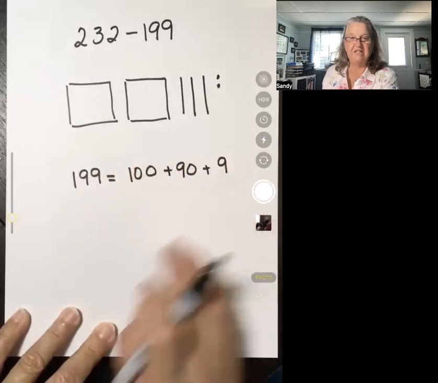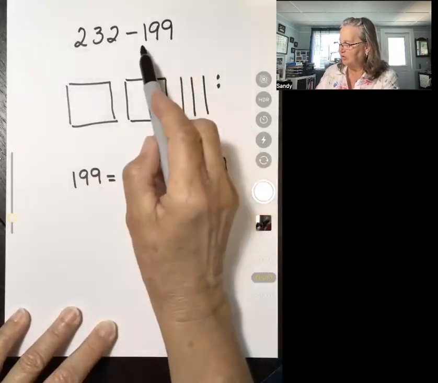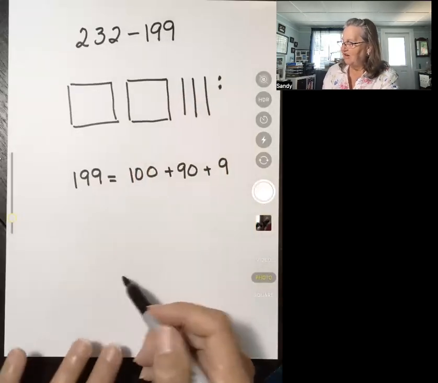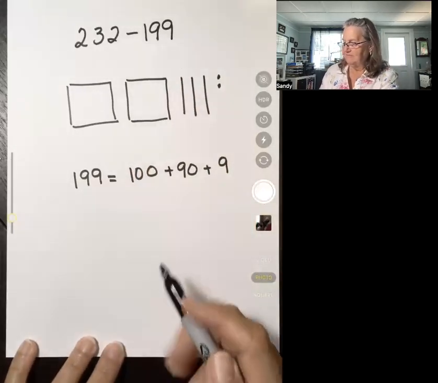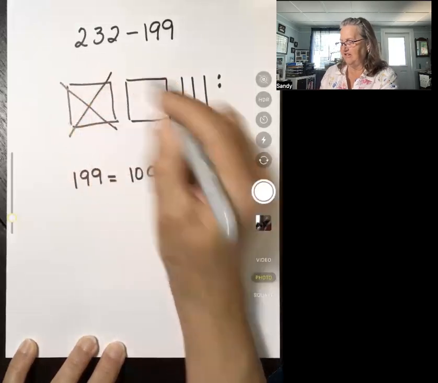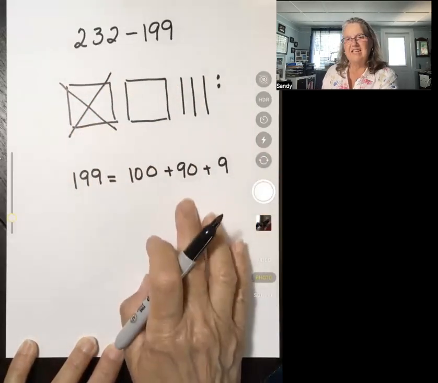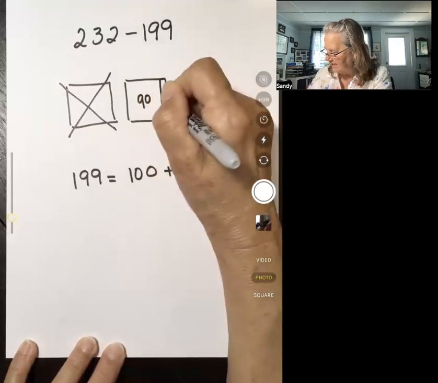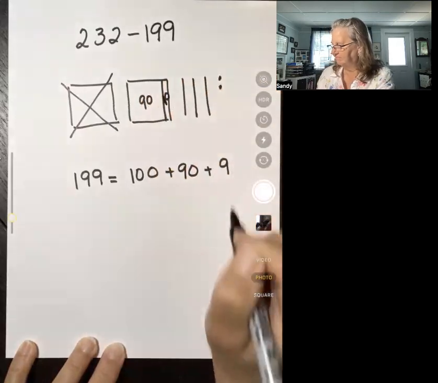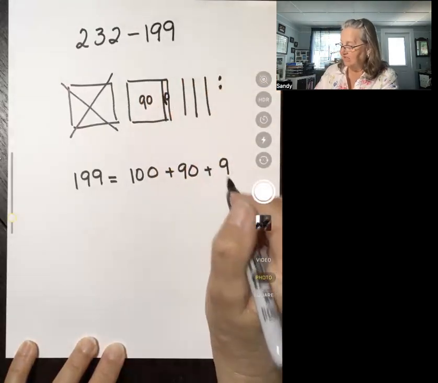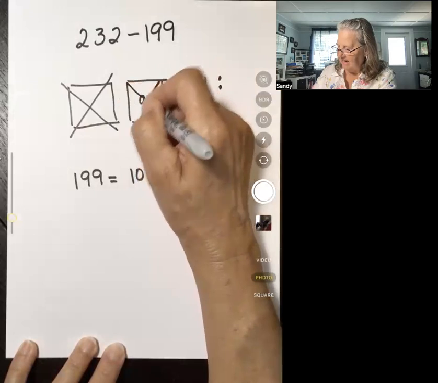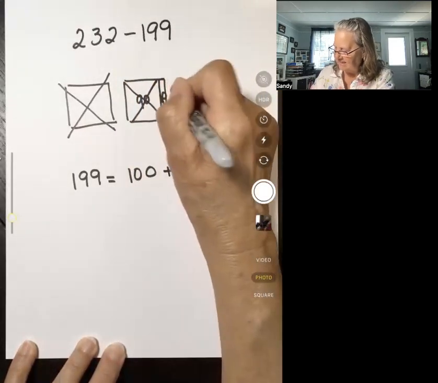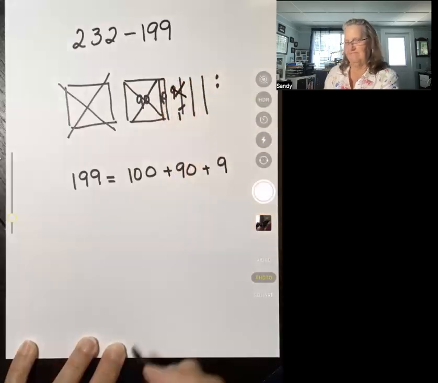We're preserving place value. We don't see these as a 1, a 9, and a 9. We understand the size of the unit. Now, if I want to remove 100, easy enough, there goes the 100. If I want to remove 90, well, I can cut this into 90 and 10, right? So I remove the 90. I have that 10 sitting there. I need to remove 9. I can cut this into 9 and 1 and remove the 9.